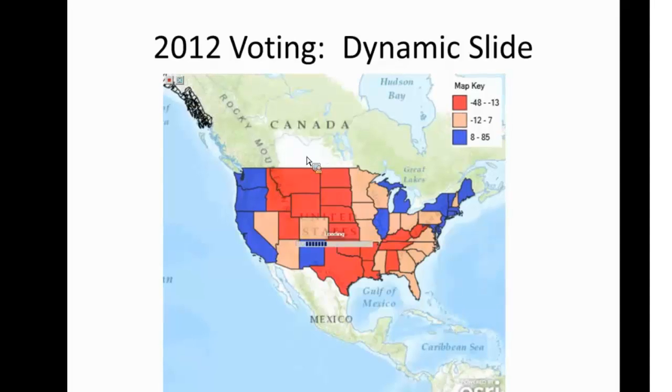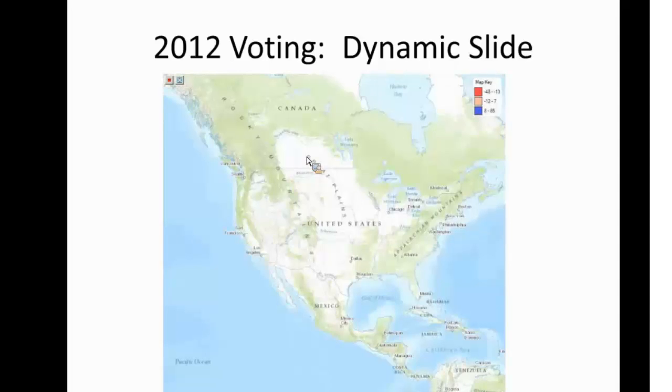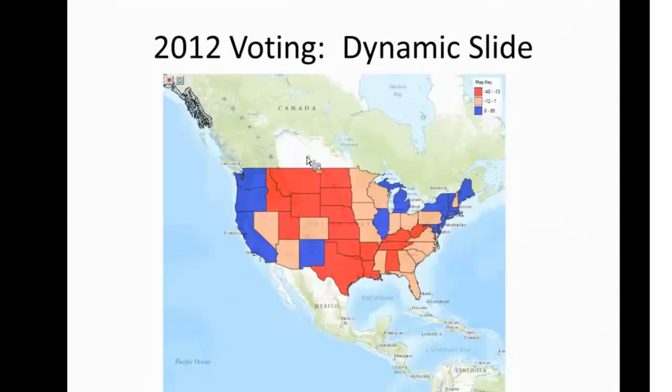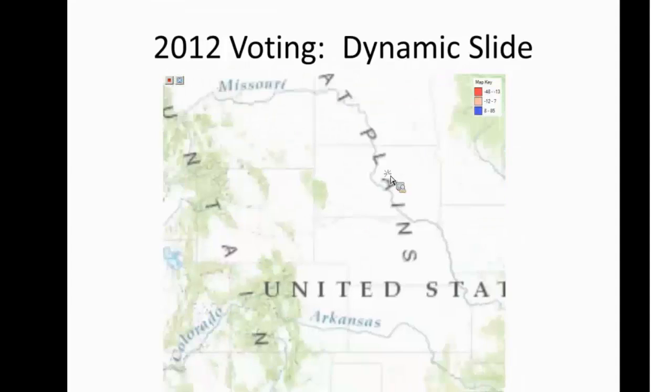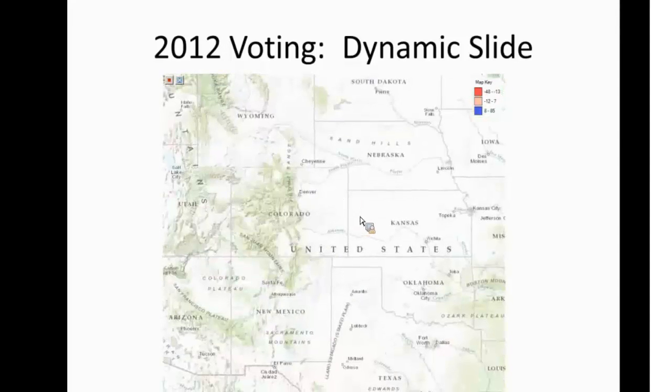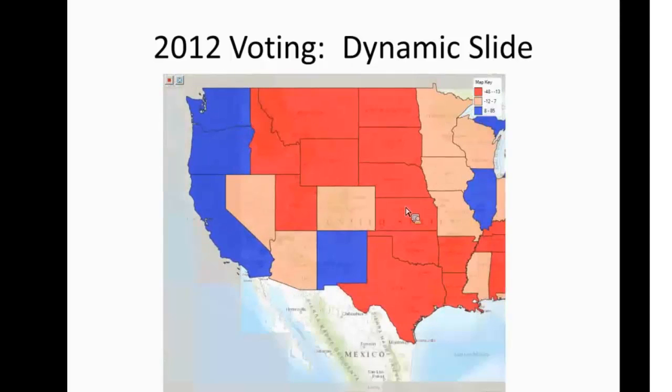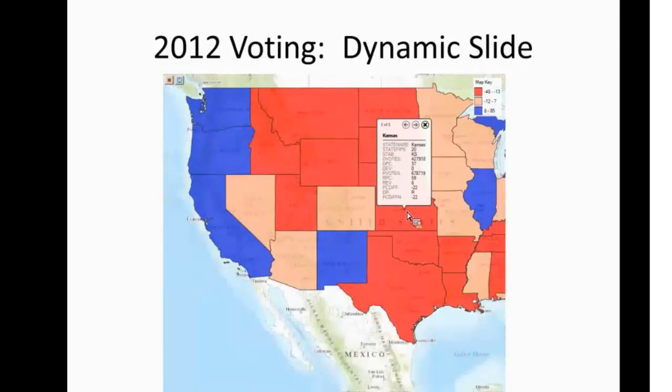So if your students are presenting on tsunamis of the Pacific, right, or in this case, voting patterns, well then, as you can see, we're going to zoom into the Central Plains and take a look. I've got the map key up there. It's a very simple, 3-category map. And I'm going to click on a couple of these states. There's Kansas, and I can see, again, the variables that I had inside the original spreadsheet.